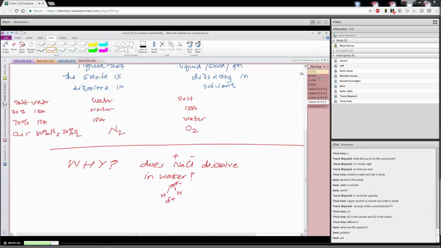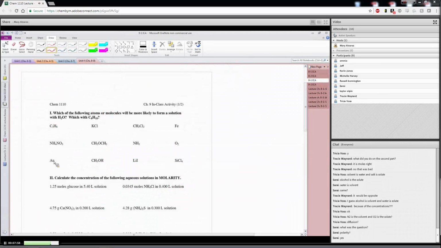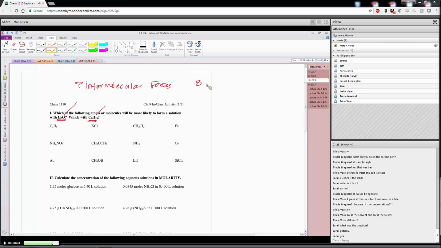We said certain types of molecules would be soluble and certain types would not based on their intermolecular forces. That is what your first section here is about. Which is more likely to form a solution with water? So what kind of intermolecular forces is water going to be feeling? And what kind of intermolecular forces is C8H18 going to be feeling? If you can't answer that question after a little bit of reflection, look at lecture 8.4 again.